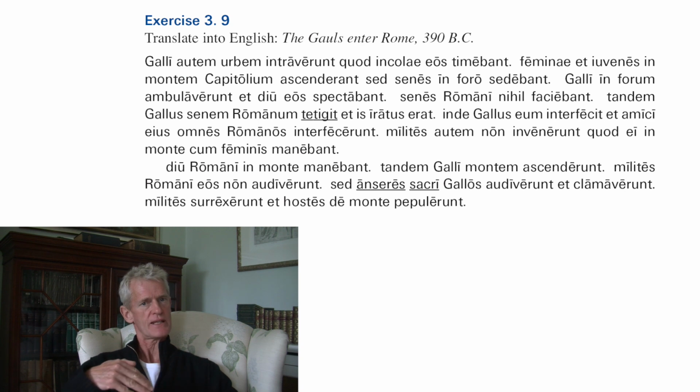So that could mean the friends, nominative plural. In fact, it does mean that. Then we've got eius. Now, do you remember eius? It means of him, or of her, or of it. And it's a really easy way of translating his. So, et amici eius, and his friends, interfecerunt, killed, omnes Romanos, all the Romans.